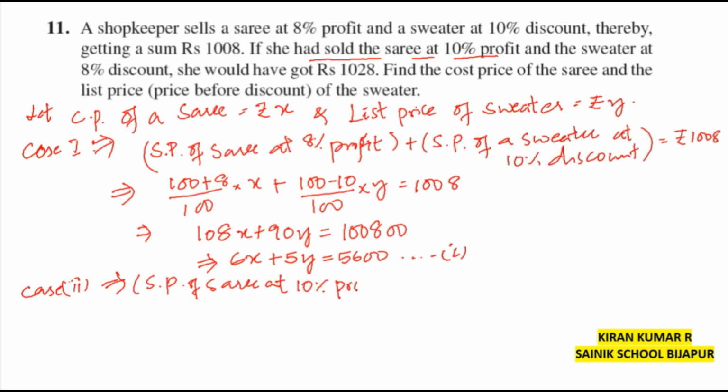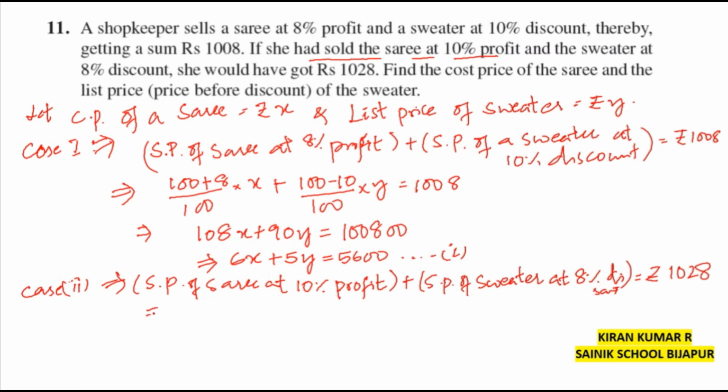Earlier case it was 8%, now it is 10% profit, plus selling price of sweater at 8% discount. She gets rupees 1028. Now the discount percentage and the profit percentage are interchanged.